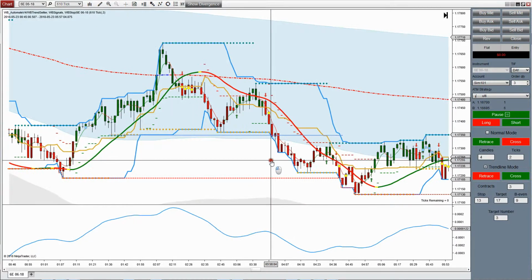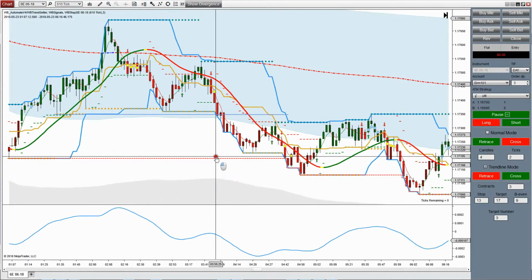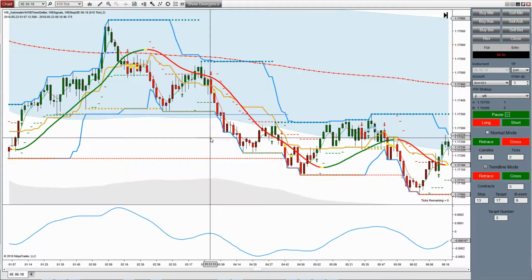You don't have to miss a trade, you don't have to be early, you don't have to be anticipating and in anxiety. You just press the buttons and just let it happen.